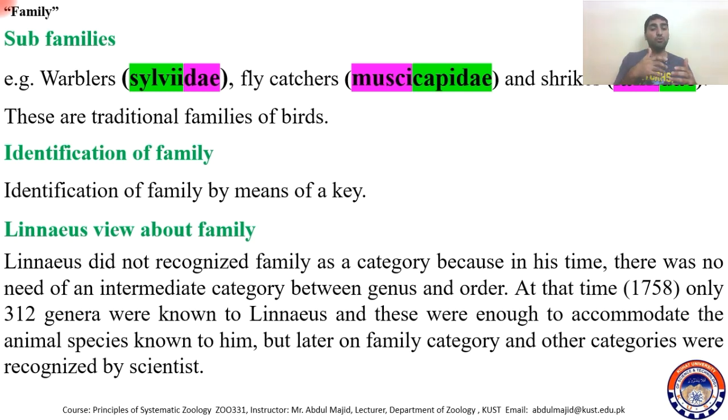So the need was felt, and another category between genus and order, the family, was introduced to accommodate these species. As I told you, at that time there were only 312 genera of organisms. But later on, when the number increased, there was a need for another category, so family was added.